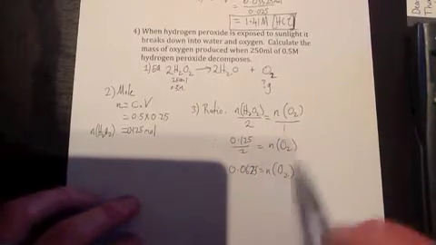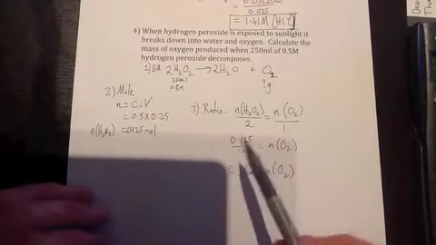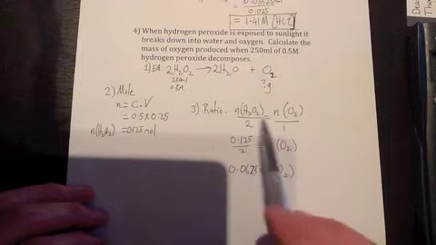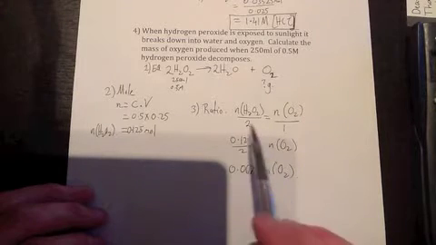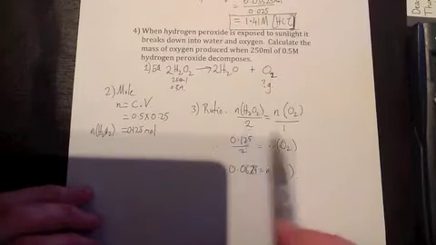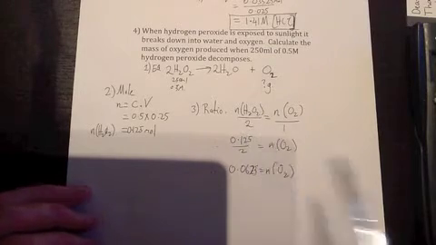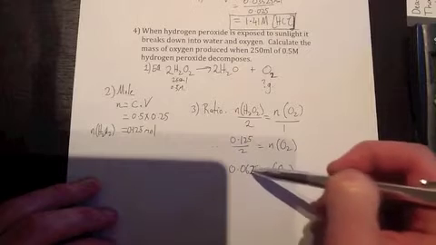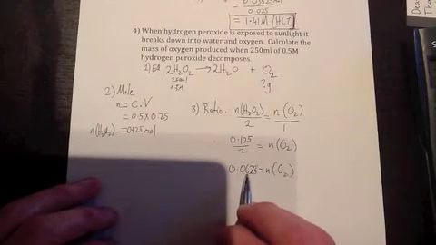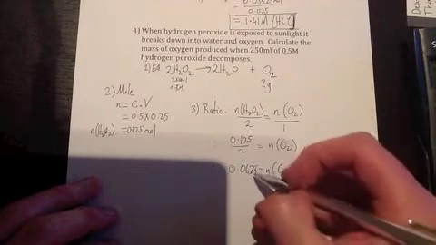This is a different ratio to all the other ones. All the other ones were 1 to 1 or 2 to 2. You can see here, because this is different, I've had to substitute in what this number of mole is and do an equation here. So I get my number of mole of oxygen is 0.0625. Okay, that's mole.